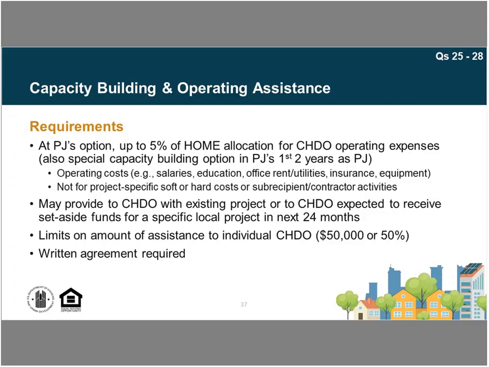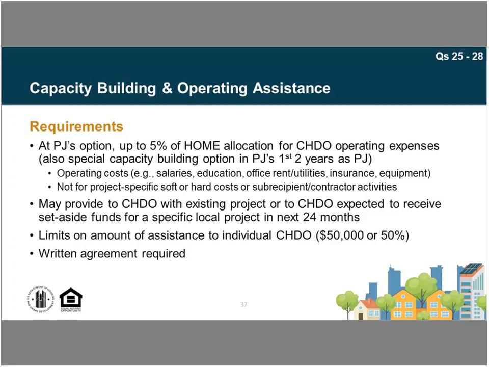So I would think that for most folks participating in this webinar, that probably isn't you. What can be covered would be any of their operating costs: salaries, education, the costs overall for the organization itself, insurance and equipment.